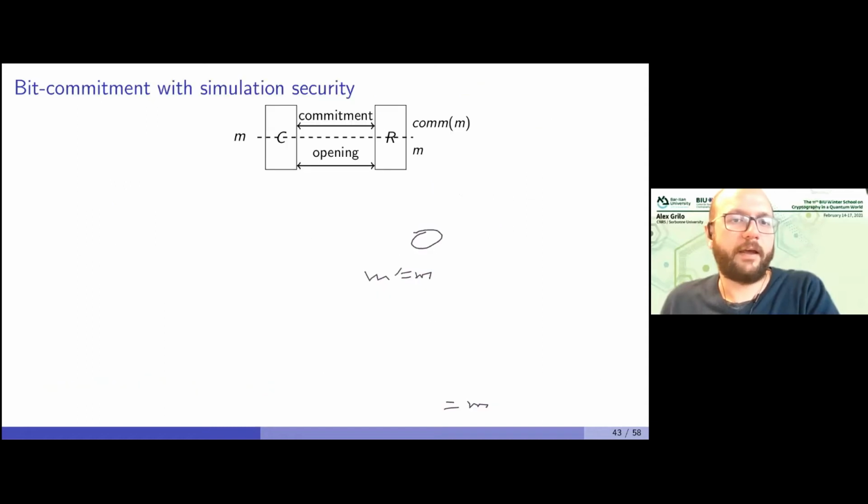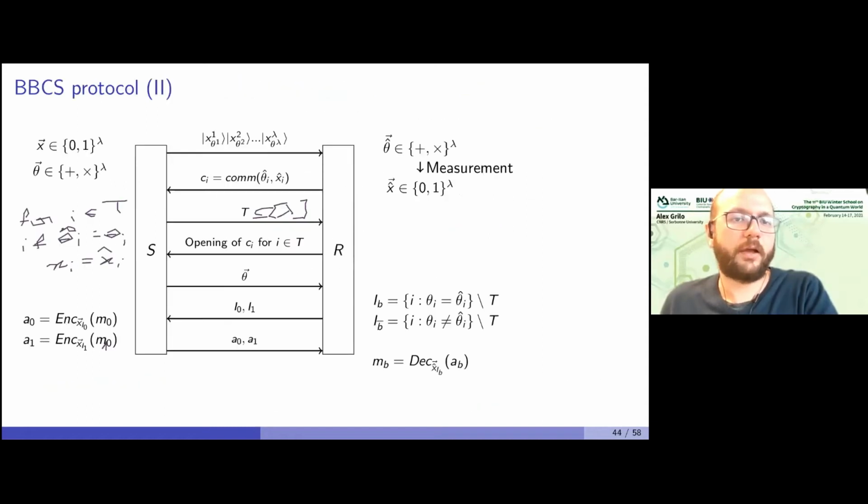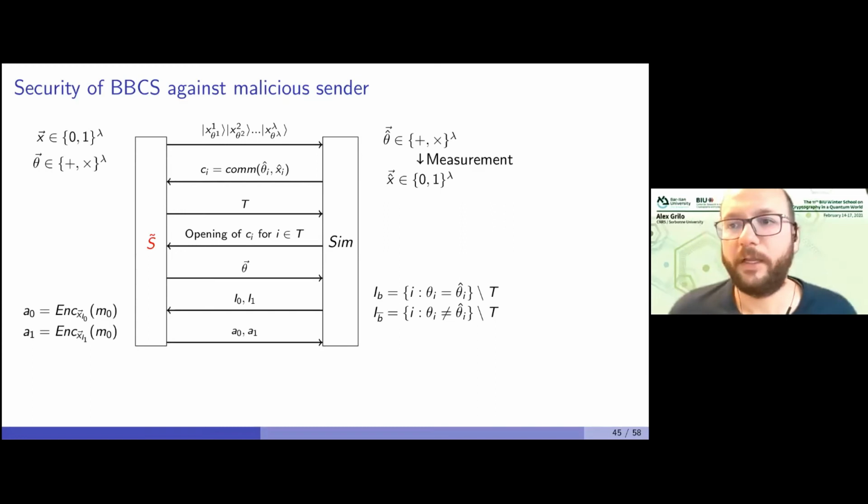So I'll tell you how the simulator will behave in order to extract these two bits from the sender. And you do this by changing the protocol little by little, and then you'll see why each step is fine, and why this protocol is secure against a malicious sender.